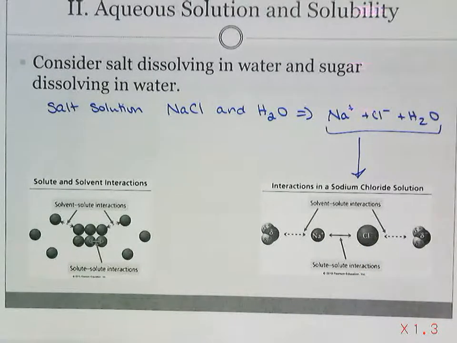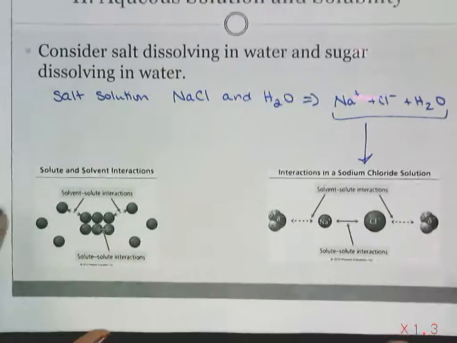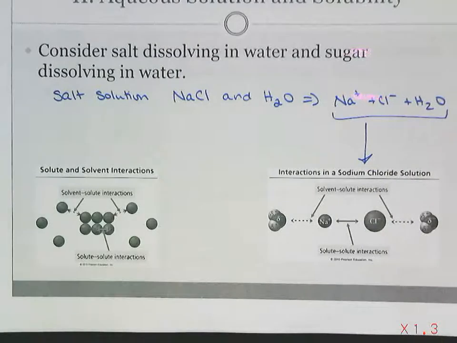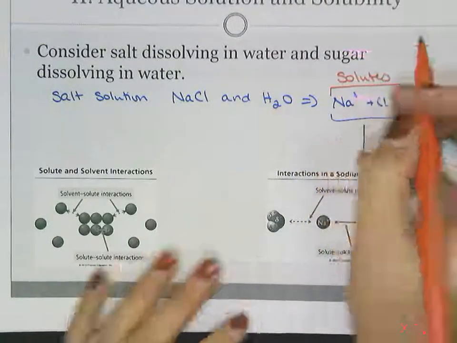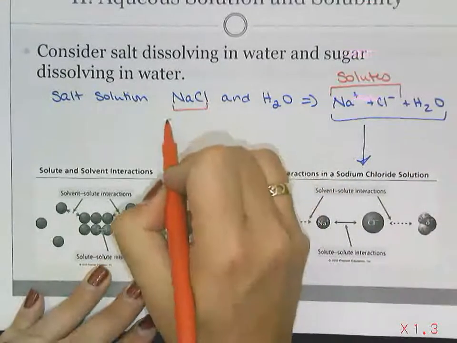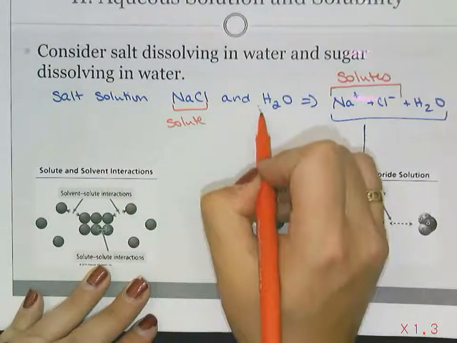When I'm talking about a solution, what do I call the thing that's being dissolved in the water? It's a special name that starts with an S. Solute, right? And so in this case, the sodium and the chlorides are the solutes, and water is the solvent.